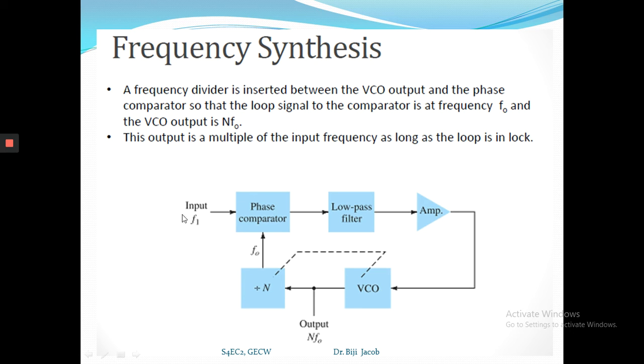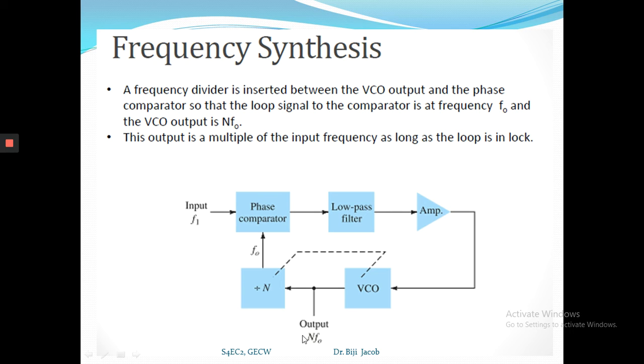You give an input frequency from a crystal oscillator. If the PLL is in the locked condition, f0 will be equal to fi. But f0 is the VCO frequency divided by N, using a flip-flop. So the output frequency will be N times f0, and fi will be N times f0.